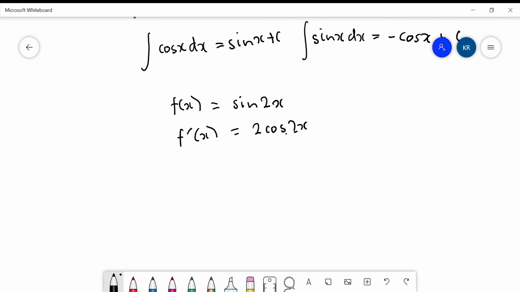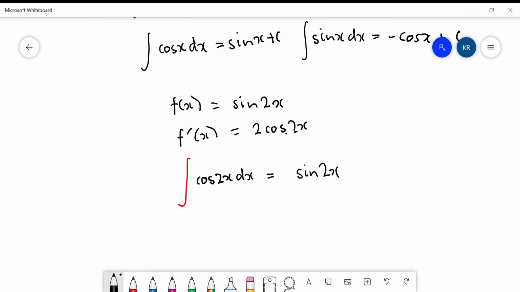Now, when you integrate, you do the same thing. So if I'm integrating cos 2x, we know that if you integrate cos, it becomes sine. So we have sine 2x.